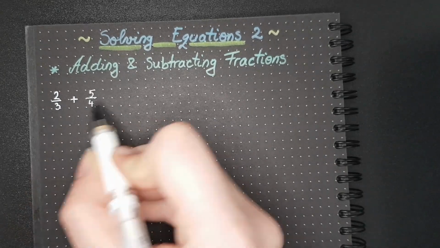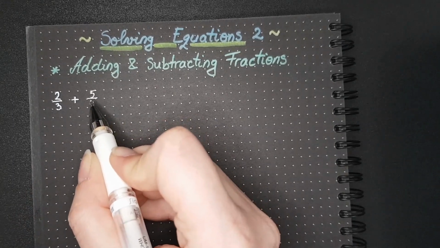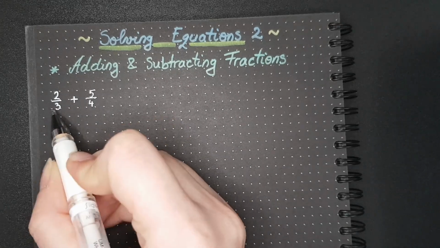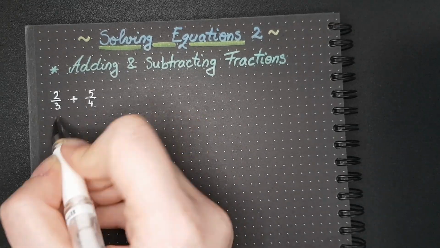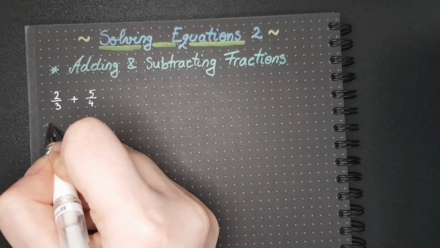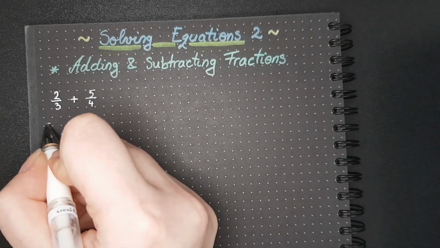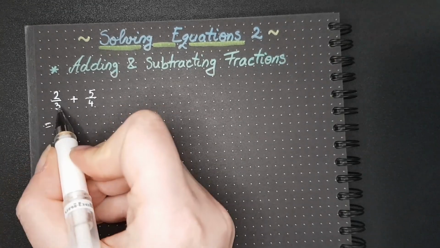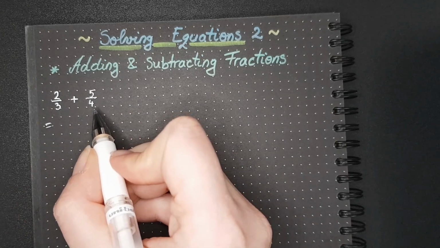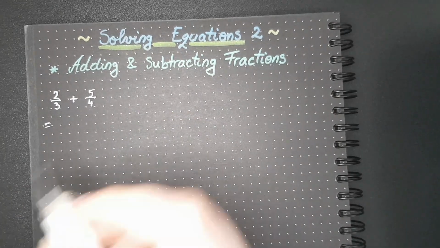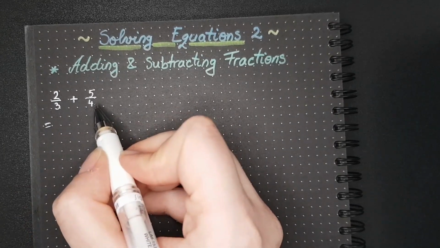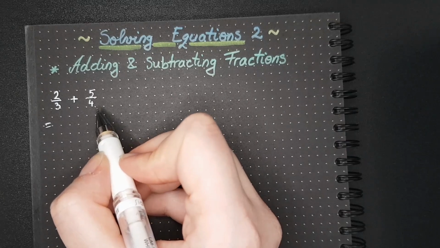That's the bottom part of the fraction. So I need exactly the same number on the bottom. To get the same number on the denominator, I need to find the lowest common multiple of 3 and 4. So for 3 and 4, the lowest common multiple of them is 12.